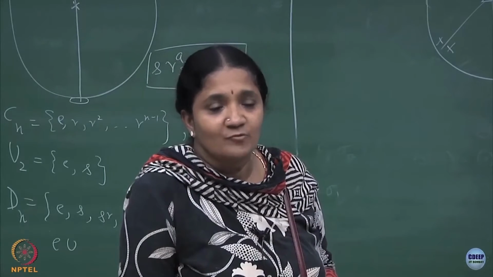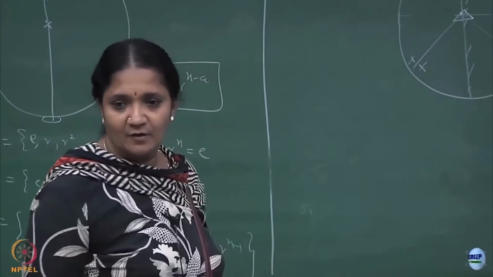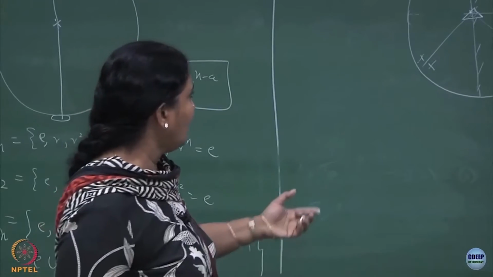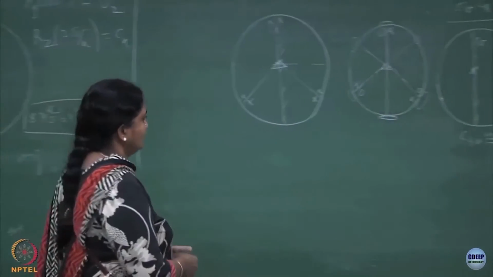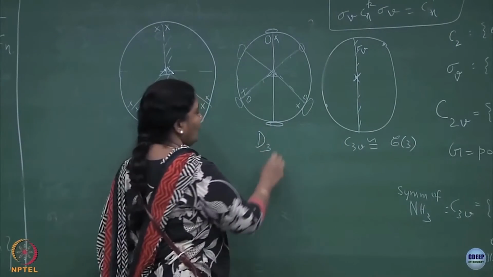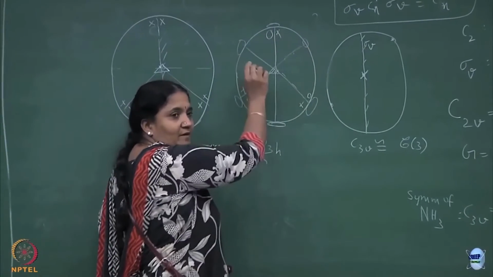In the PPT, the last one, D2H. So, if you do a D2H, let us look at D2H also. Anyway, you can also do the D3H. So, this is D3. If you want to do D3H, you also have a mirror on the xy plane.